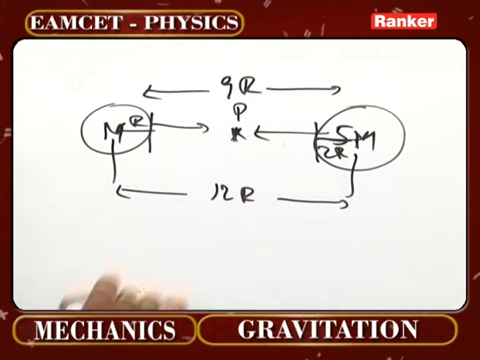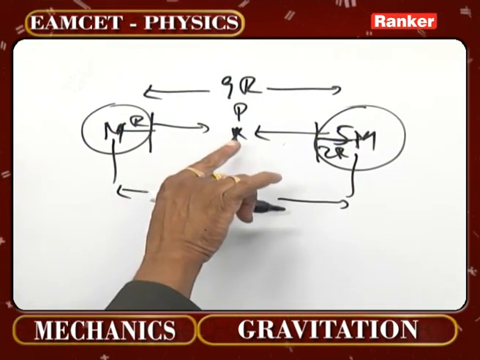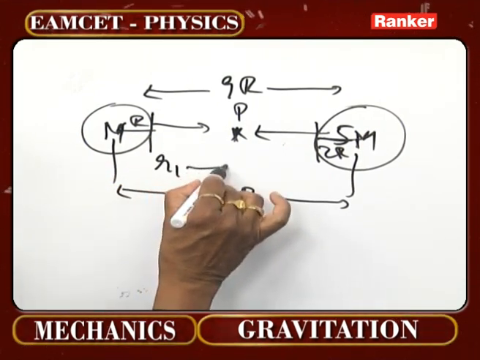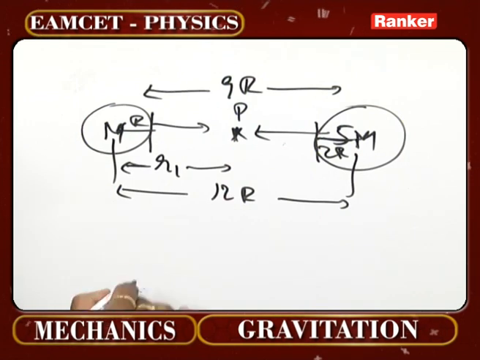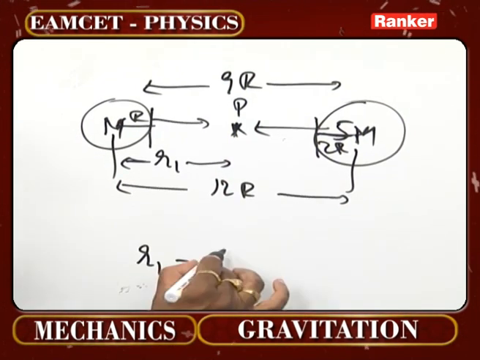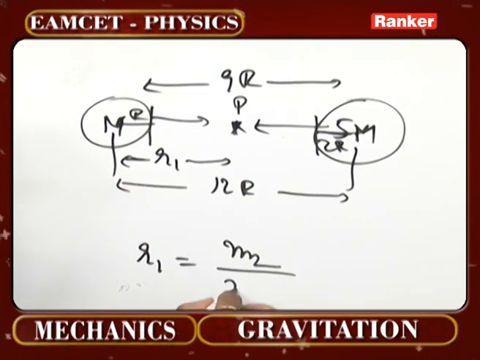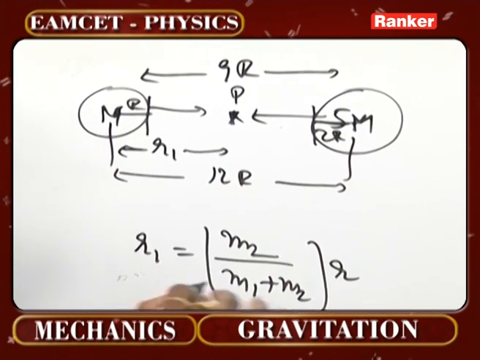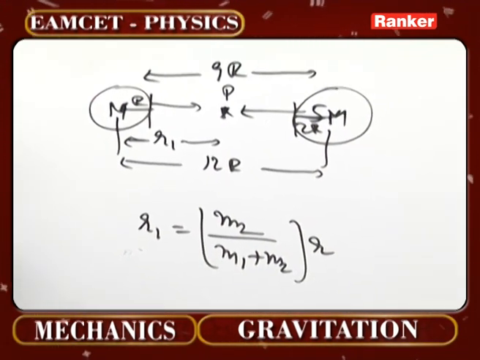Now, where will they collide? I have already told you. They collide at the center of mass. So, what will be the distance to the center of mass from the first body? We have already discussed this formula in the center of mass chapter. It is m2 by m1 plus m2 into r, r being the total separation between those two bodies as such.